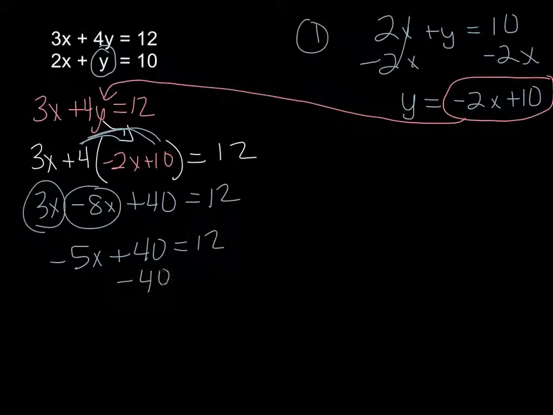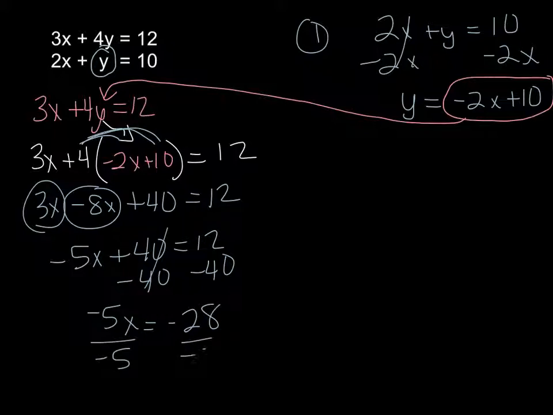Subtract my constant term over to the other constant. And then divide by negative 5. So we get an x value, my negatives will cancel, of 28/5. Okay, so that is step 2. This all over here was step 2.